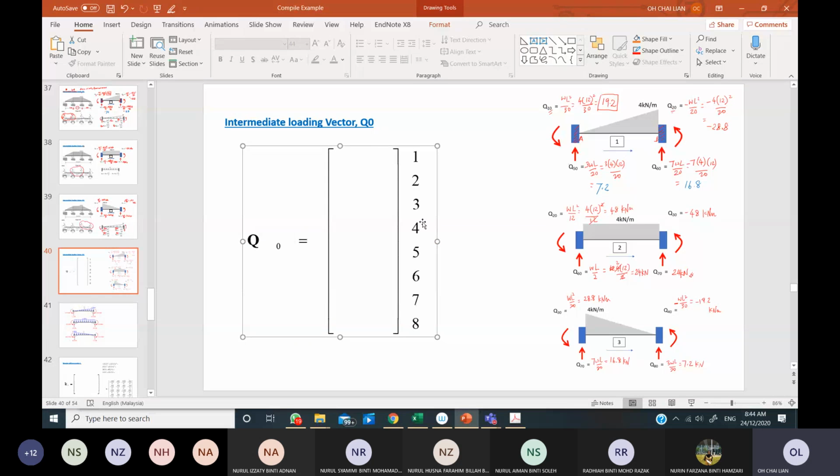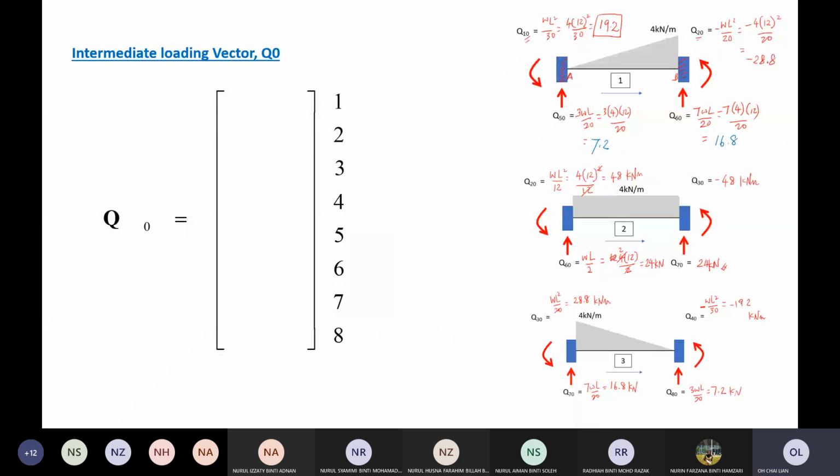Let me open it bigger. So you let me know your solution now. This will be Q1 not, which will be 19.2. Q2 not will be negative 28.8 plus 48. Q3 not will be negative 48 plus 28.8.